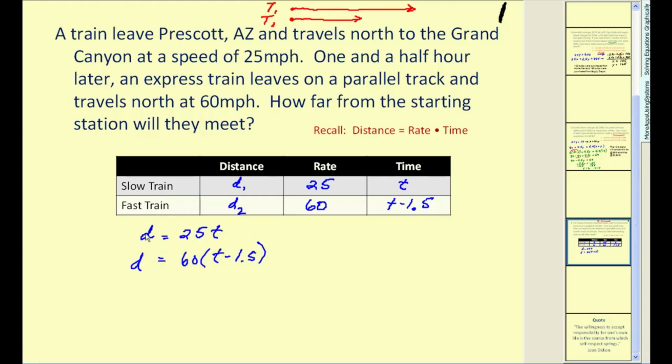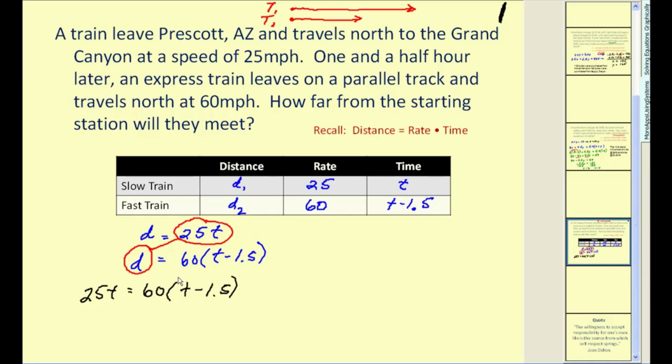Since we want to know when they're going to meet, we know that these two d's would be equal to each other. So what we can do here is solve this system using substitution. Wherever we see a d in the second equation, we can replace it with 25t. So performing the substitution, we would have 25t is equal to 60 times t minus 1.5.